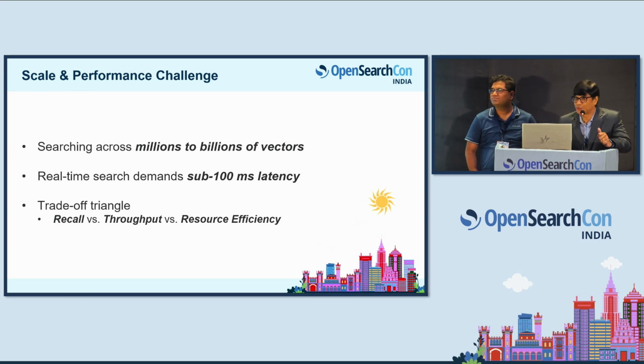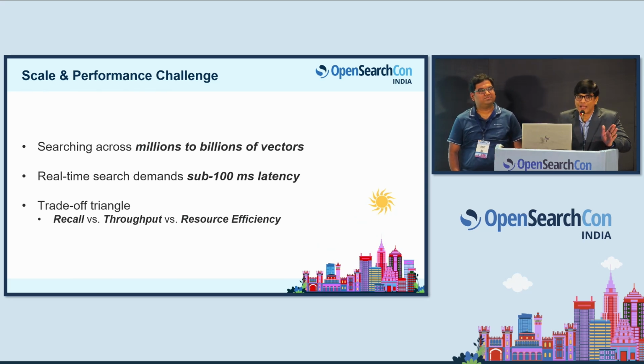Exactly. So when you search in a relational database, it's a binary search, right? Binary in the sense of whether you get it or not, right? In the worst case you'll be prompted that the data wasn't found. But the beauty of vector search is that it tries to find the closest match, right?